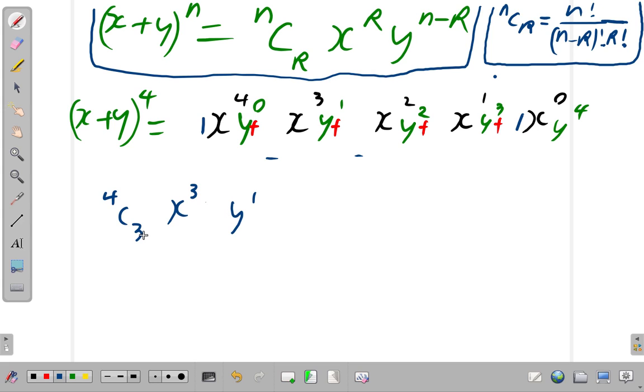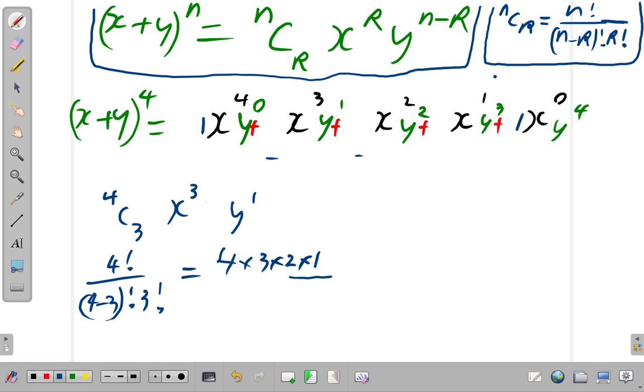Now, 4C3. This is equal to 4 factorial over 4 minus 3 factorial, 3 factorial, which is 4 by 3 by 2 by 1, that's 4 factorial, over 4 minus 3 is 1. 1 factorial times 3 factorial. 3 factorial is 3 by 2 by 1.